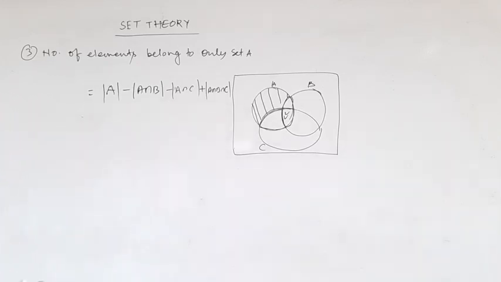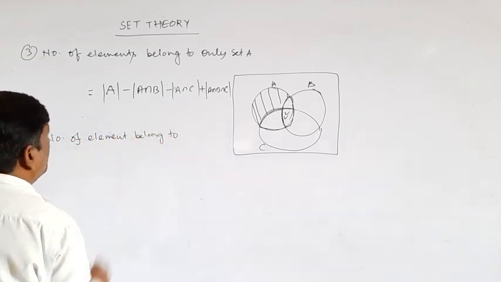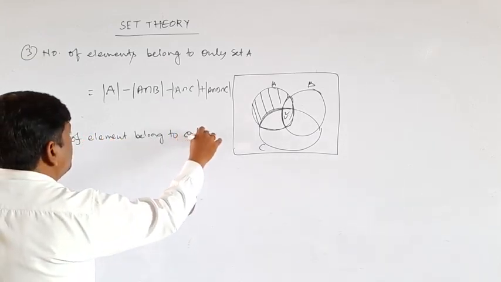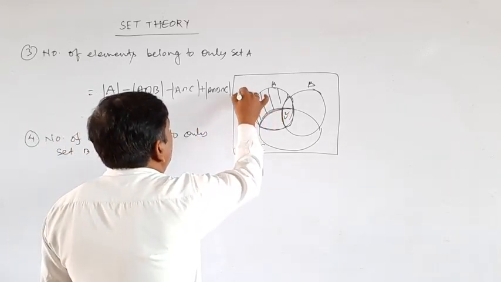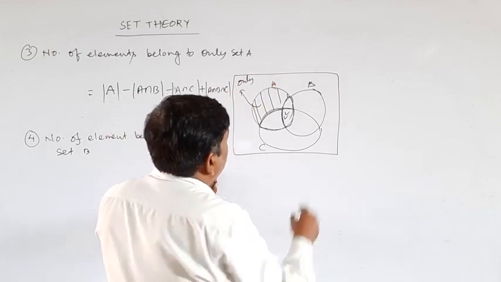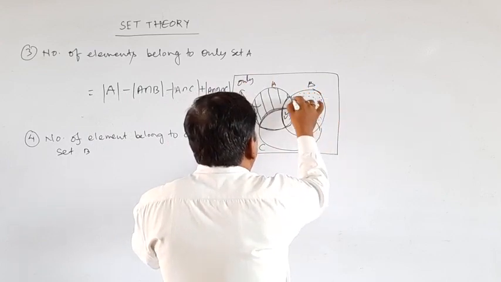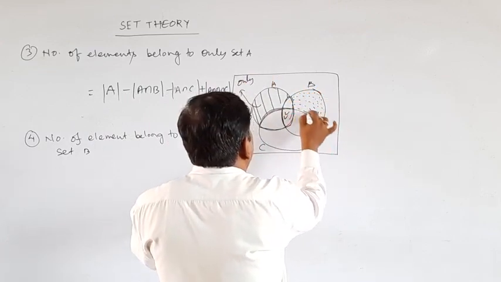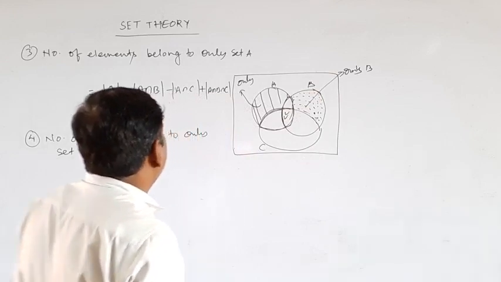Now similarly, the number of elements that belong to only set B. This is only set A, and this is only B. This region is only B. So only B is equal to what?